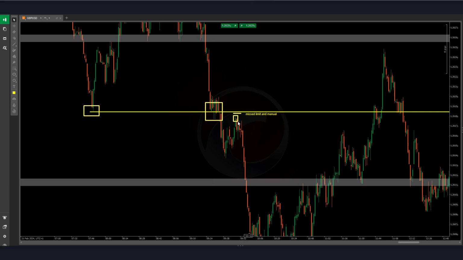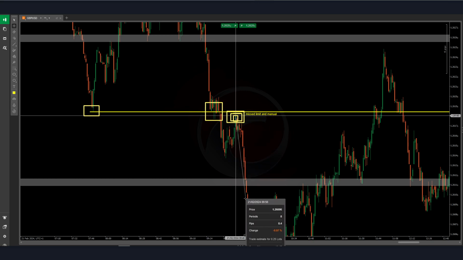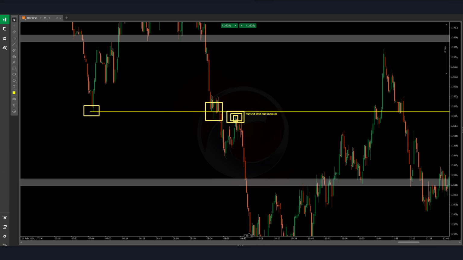I had time, since I saw this candle closing, to manually activate it, but I didn't. I said, okay, if it gets activated with the limit, it's okay. Otherwise, it's okay. But I was just going to see it go to my take profit without turning back.